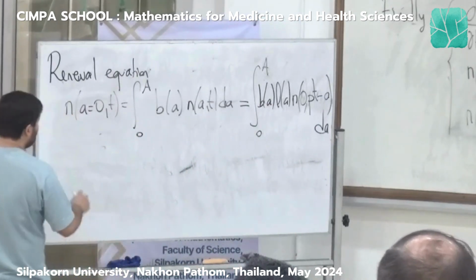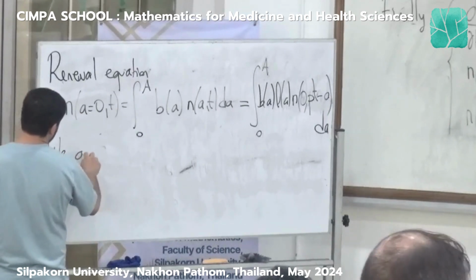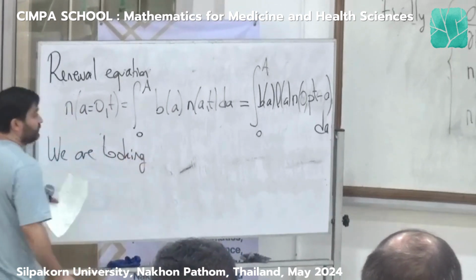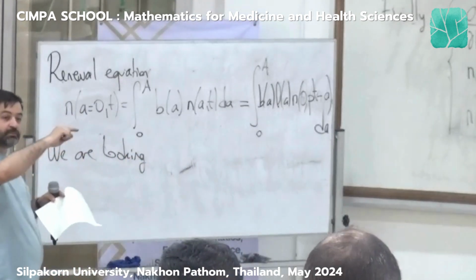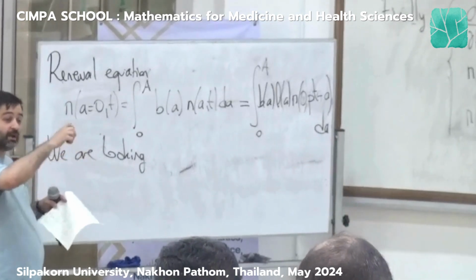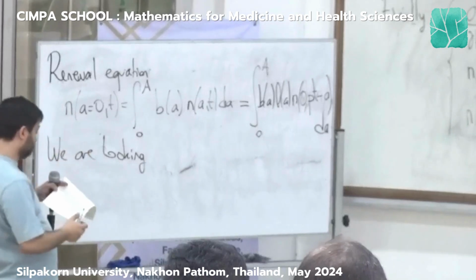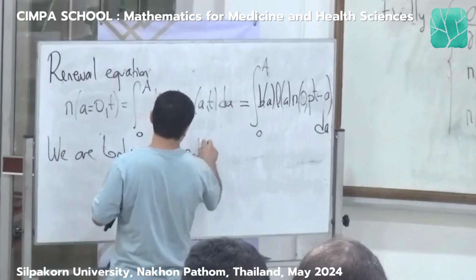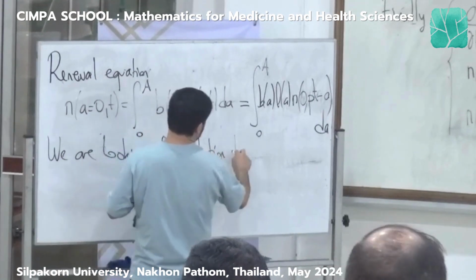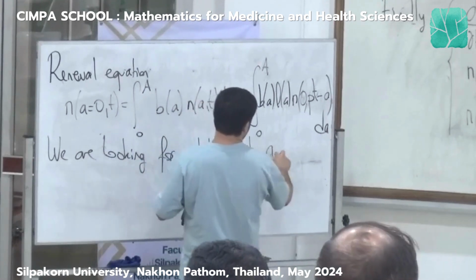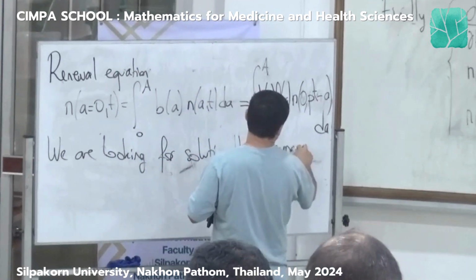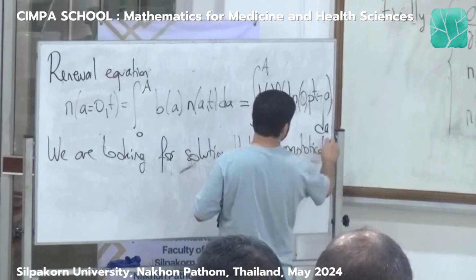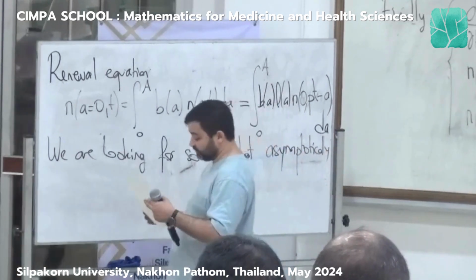And we will do the same, so what we are looking for. What I did before, when I take the eigenvalue, I am looking for a solution asymptotically, so when t goes to infinity, exactly the same as before.